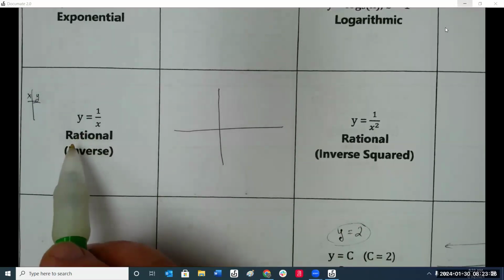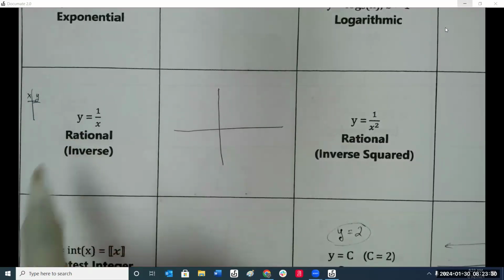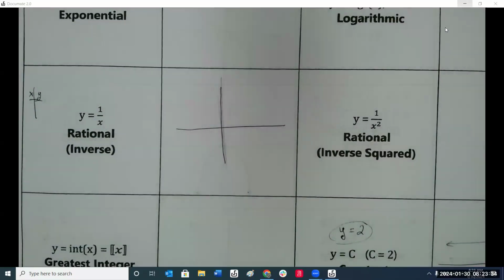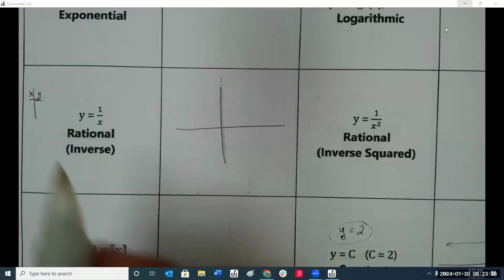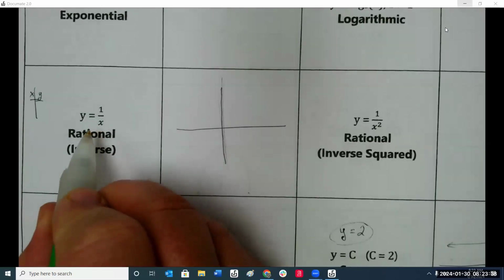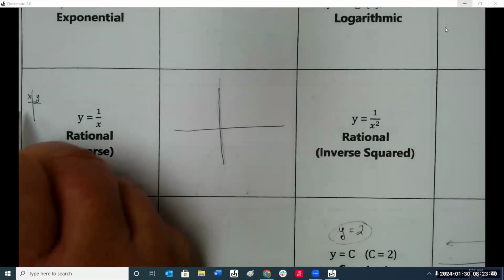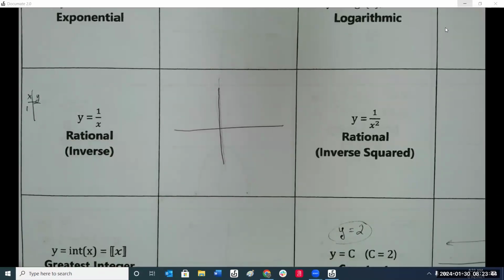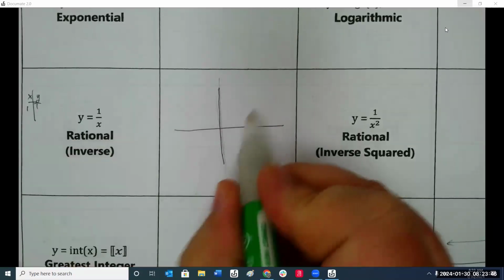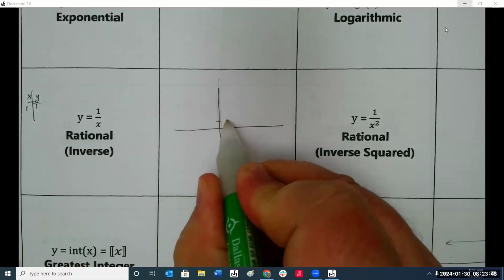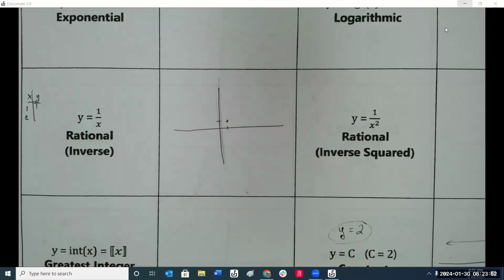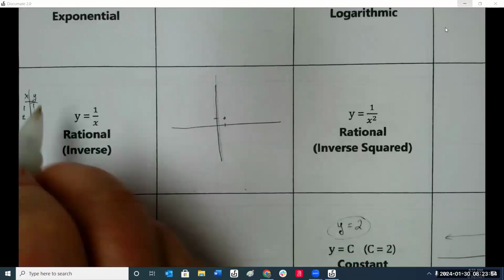Can x be 0? No. So since x cannot be 0, we have an asymptote. It cannot cross this line. And x can be negative, x can be positive. So if x equals 1, what is y? 1. So we know we have a point at (1, 1). When x is 2, y is 1/2.